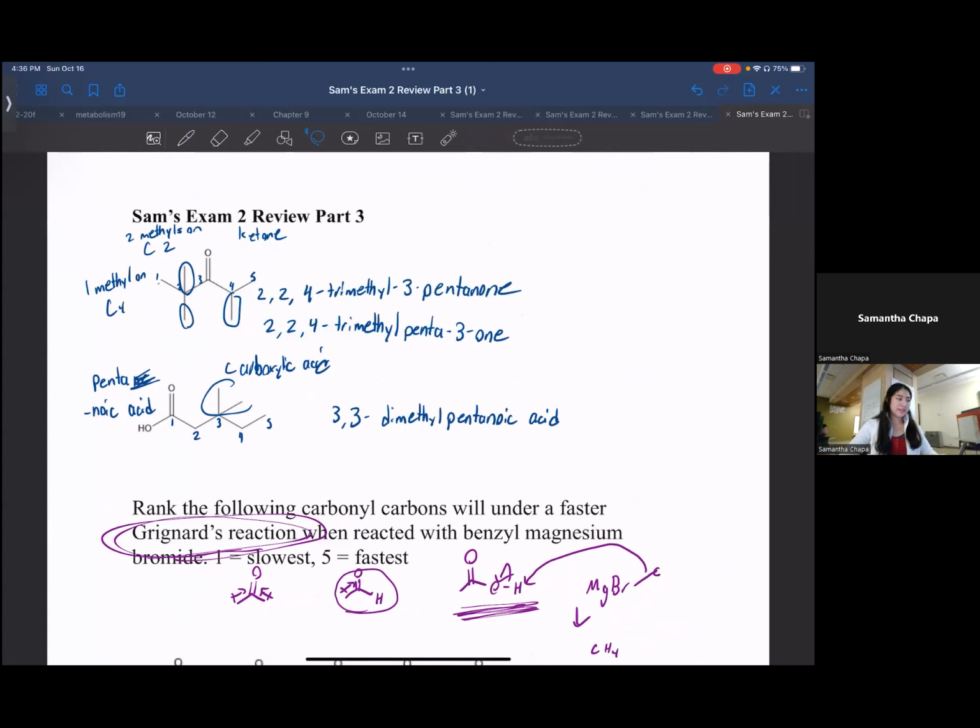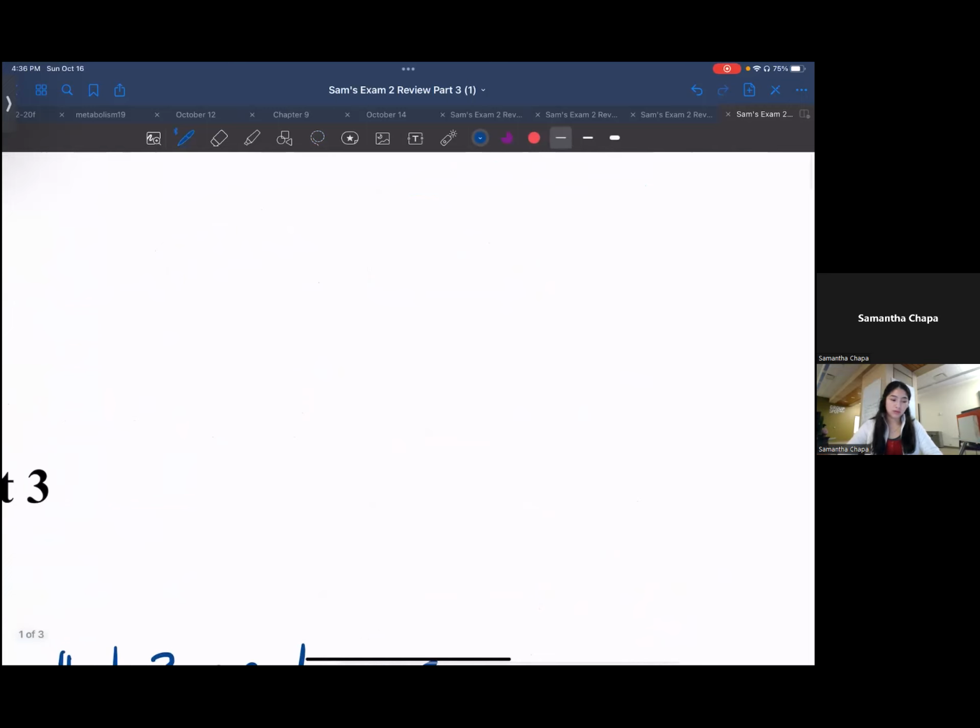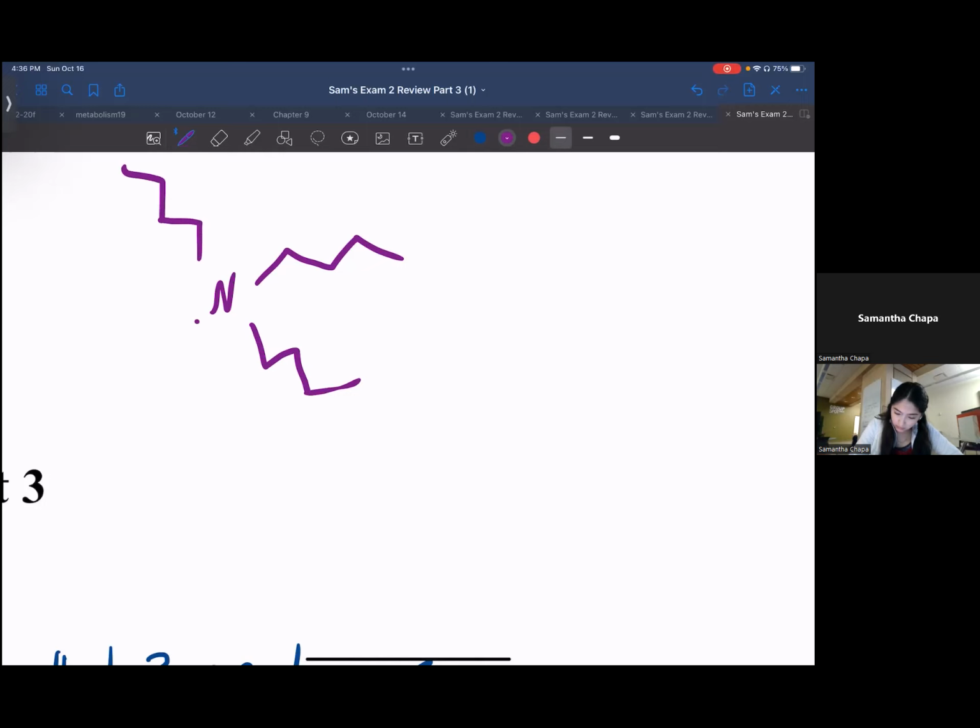Okay. Now I'm going to do some of the common ones that you're going to see. I have a list of them. These are the ones where they can ask, oh, what is this? What's the name of this? So, nitrogen with 1, 2, 3, 4 butyl groups, plus, and we have fluorine.